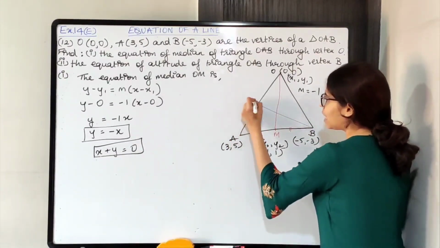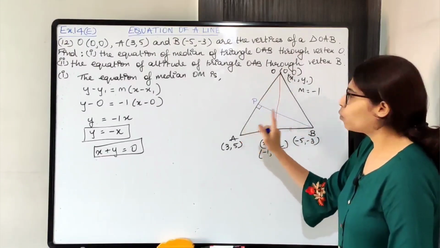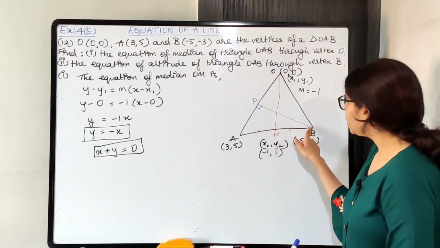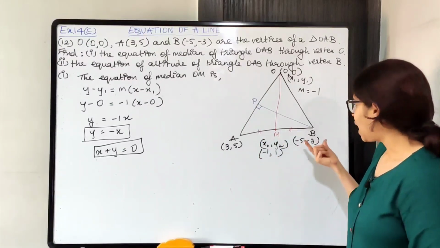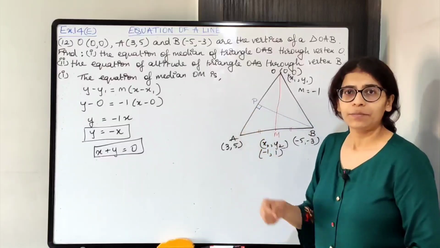Let's name this as P. BP is perpendicular to OA. All right. So we need to find equation of BP. For that we have B का coordinates. I need slope of BP.